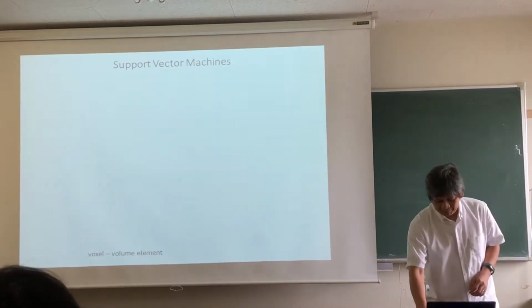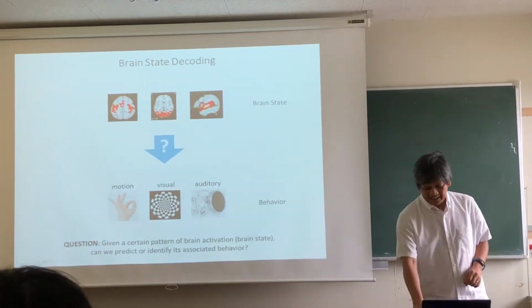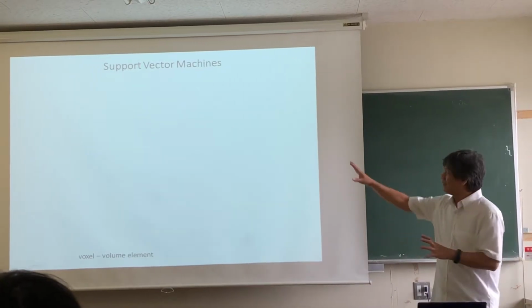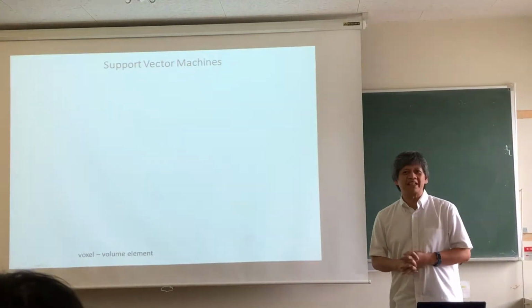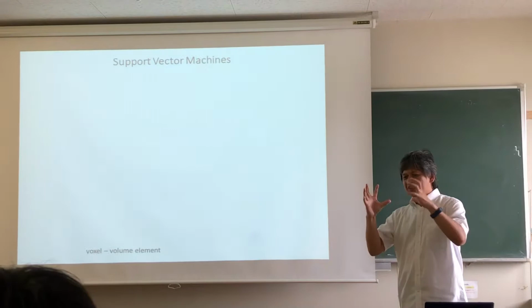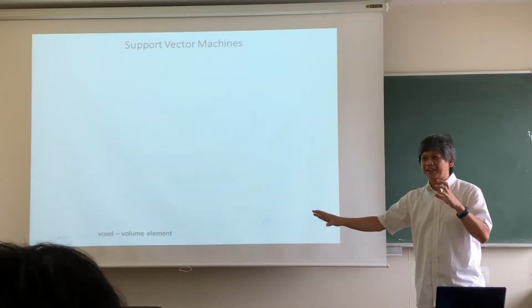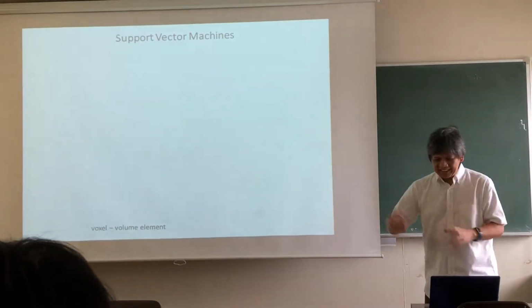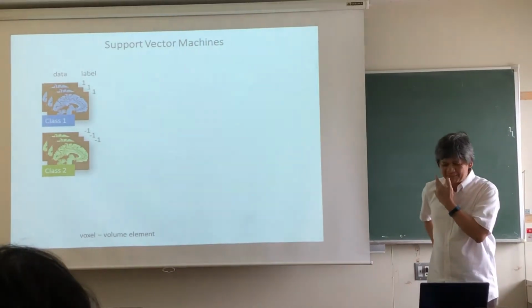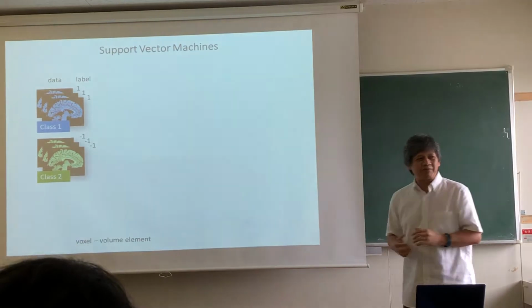So in order to do this, I think you're familiar with, we use support vector machine. So the idea is to use the brain image in order to classify the task the participant is doing. Many of you are familiar with this, but let me put this in the context of brain imaging.